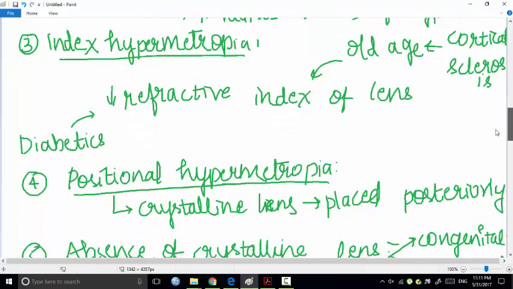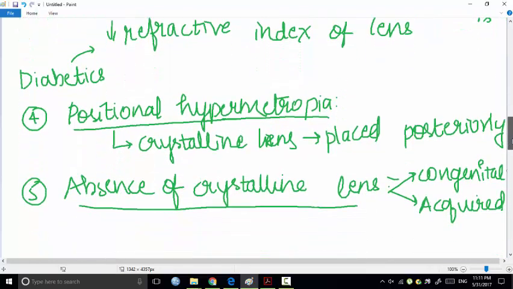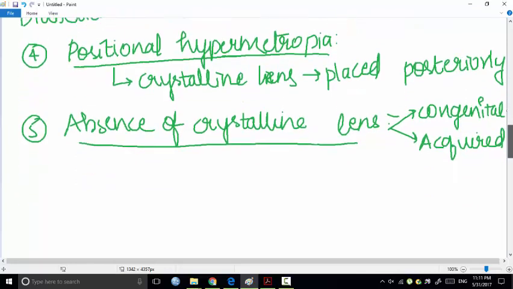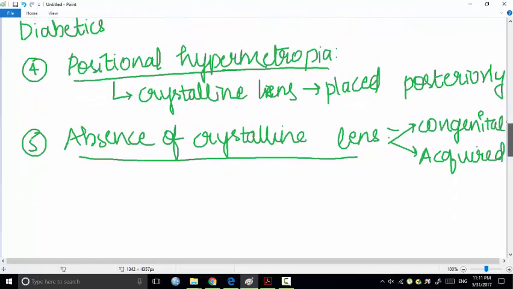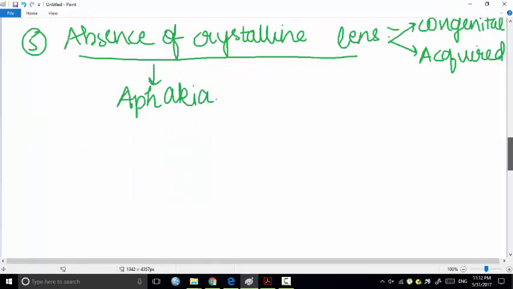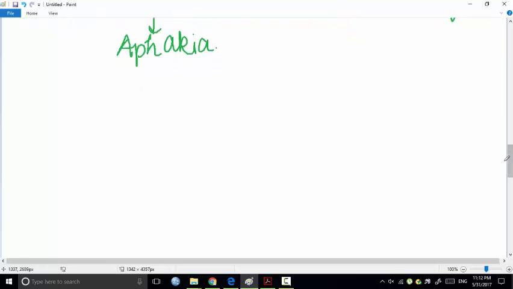Positional hypermetropia, where the crystalline lens is placed posteriorly, and absence of crystalline lens, which may be due to congenital or acquired causes. This basically leads to a condition called aphakia, which we will be discussing in our next few classes. Okay, so now let us see the clinical types of hypermetropia.